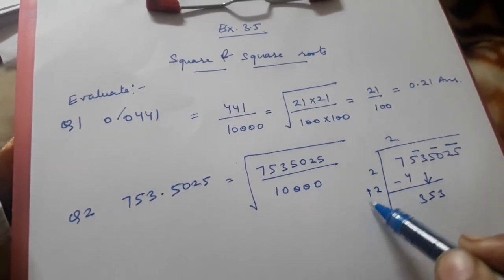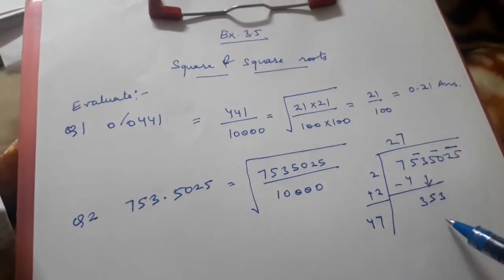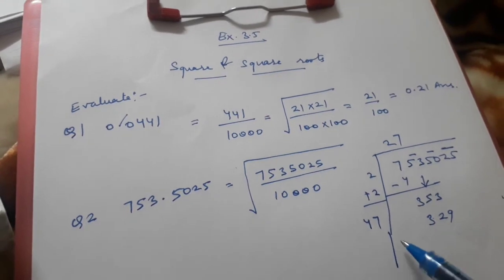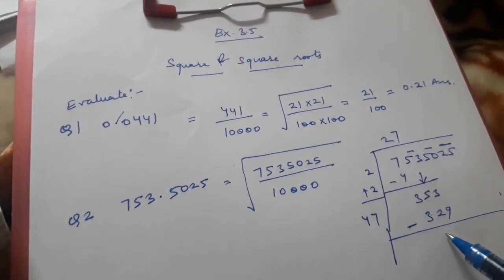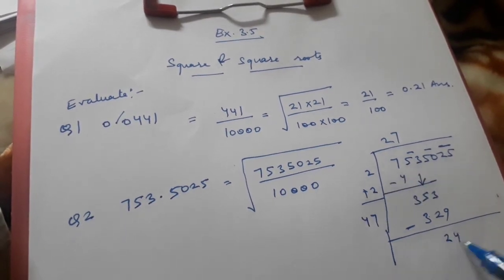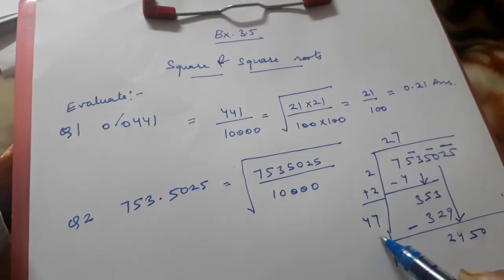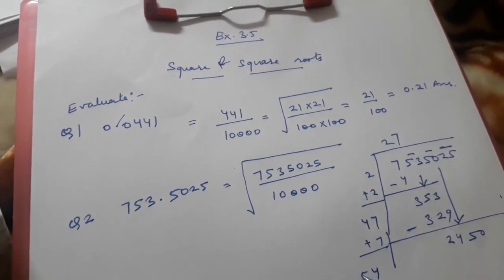So 2 plus 2, 4. It will go by 7, and 7 would come as 329. Then subtract it. 24 would be the number. 50. Here 7 will be added. So the number would become 54.